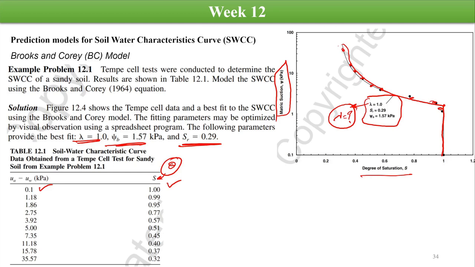So this numerator we have solved using an Excel sheet. That's because we can use the solver tool to find out the most optimal value of lambda. So we have obtained lambda as 1.